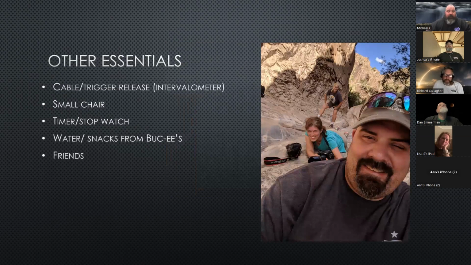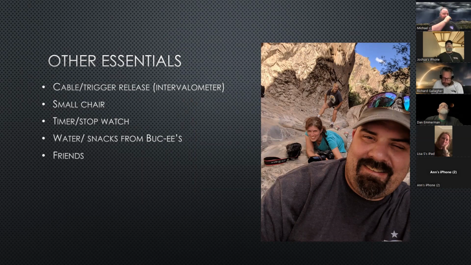Other essentials that you may need, like I said, if you don't have a built-in intervalometer, or a way to trigger your camera without shaking it, that can be helpful. Make sure you bring a chair. With nighttime photography, it's one of the things I almost always forget, something to sit on.